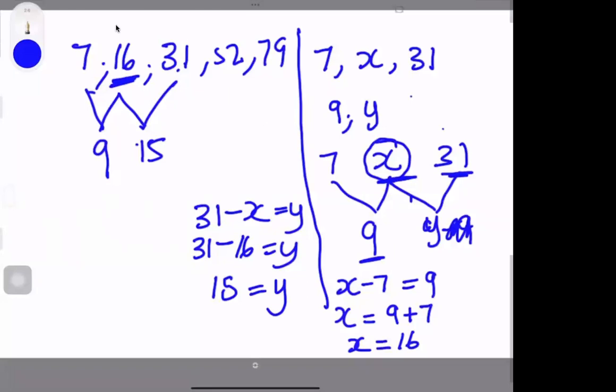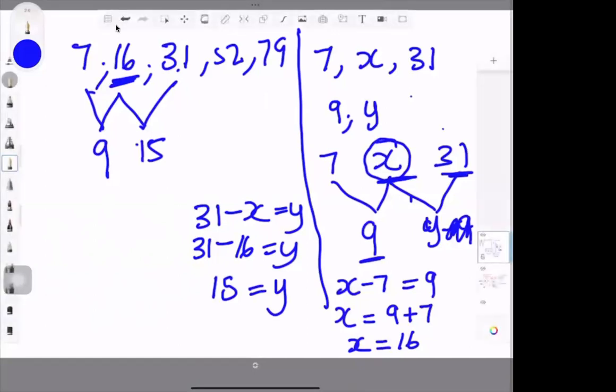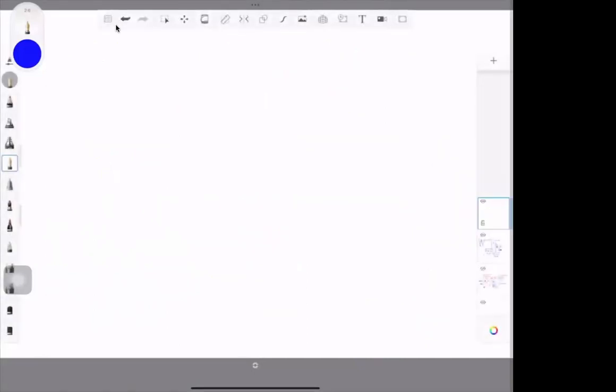Thank you, guys. Now, let us look at a deeper variation. The one that we just did had only one unknown in the original sequence, and one unknown in the linear sequence.